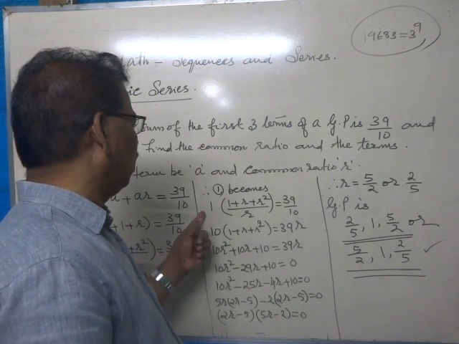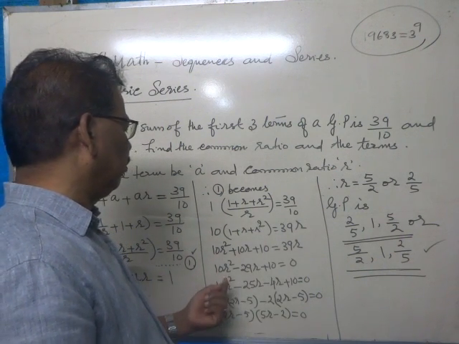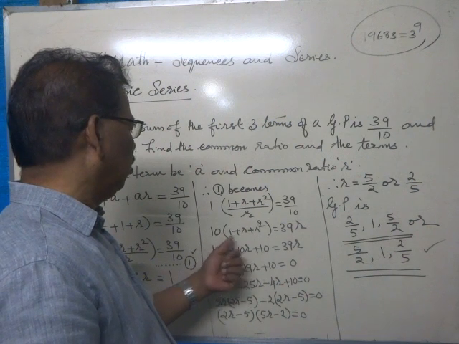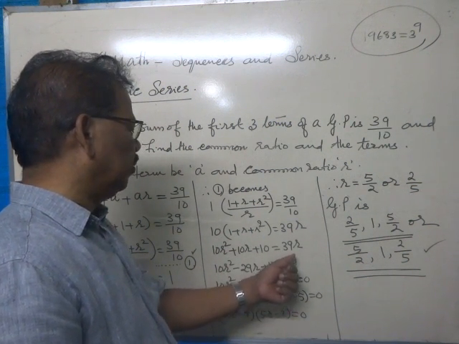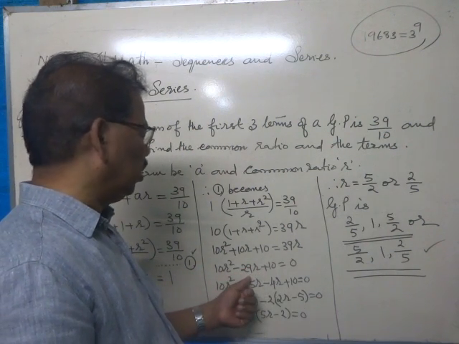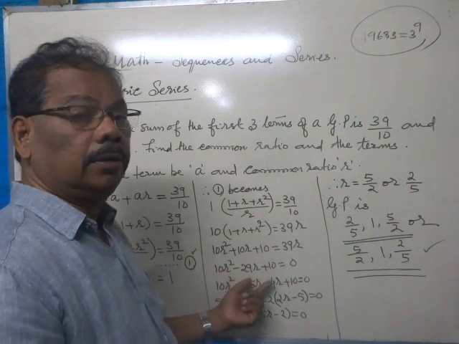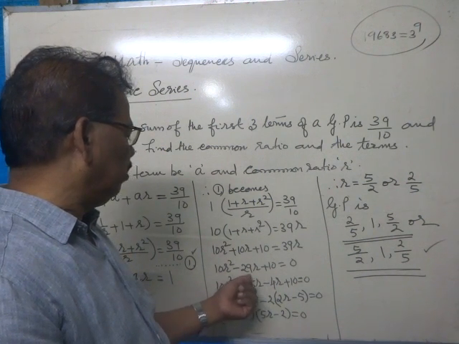Simplifying, 10 into 1 plus R square is equal to 39R. Rearranging, 10 into R square plus 10 is equal to 39R. We shall shift this 39R to the left: 10R square minus 39R plus 10 is equal to 0. This is a quadratic equation, and it can be solved by splitting the middle term.